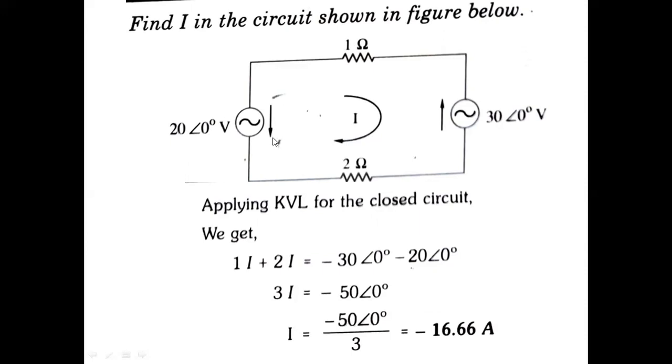This is a potential drop because current is flowing plus to minus, and here also plus to minus. So I plus 2I plus 30 at an angle 0 plus 28 at an angle 0 is equal to 0. So 3I plus 58 at an angle 0 is equal to 0. I is equal to minus 58 at an angle 0 by 3. That is minus 16.66 amperes.